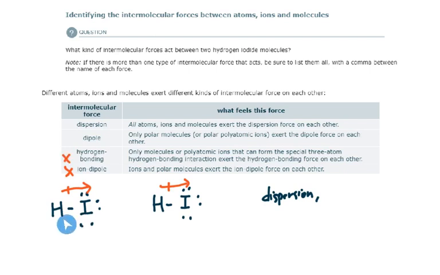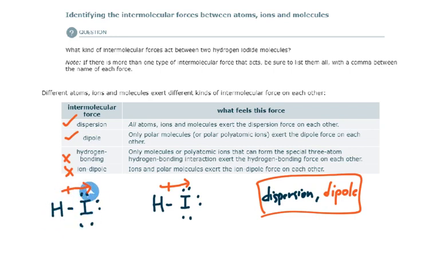But this is a polar molecule, and I've got many of these, so they're all polar. So because it's polar, not only do I have dispersion forces at play, I also have dipole interactions as well. So I'll just write dipole here. And there's my answer.